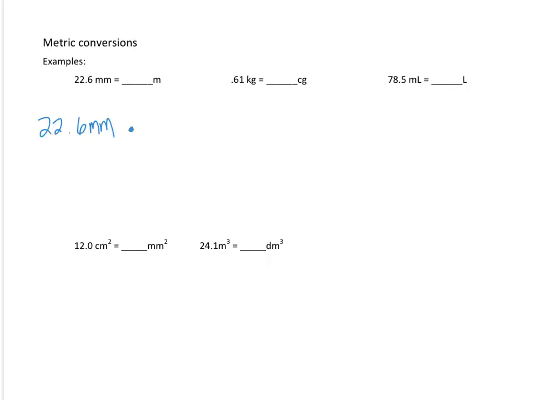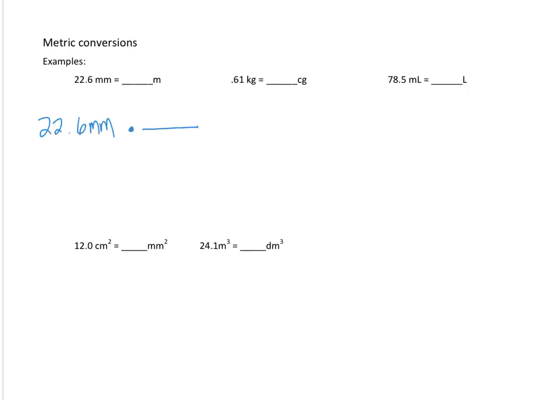I'm going to write a multiplication sign, and then a conversion factor is a fraction. So something divided by something, and those two things are equivalent. They are equal to each other. And so when you put something divided by something and both of those things are equal to each other, that equals 1. So it's as if we're multiplying it by 1, which is basically getting the same answer. So that's why it's okay to do a conversion factor.